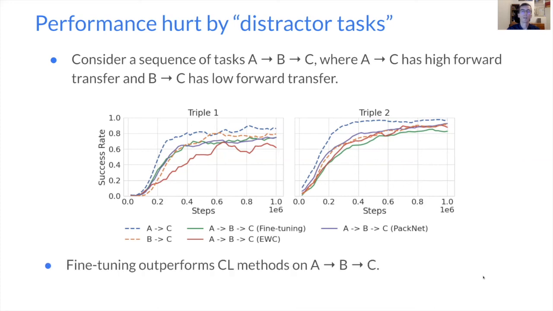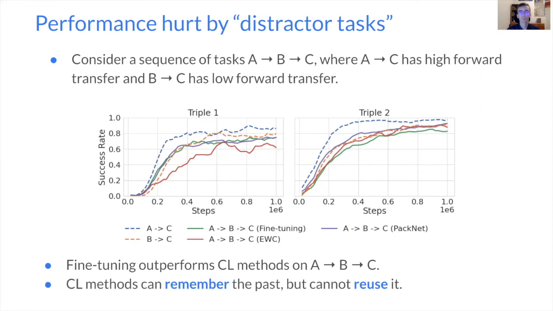However, in practice, they fail and they are outperformed even by simple fine-tuning, which forgets about task A. We conclude that continual learning methods can often remember the past, but cannot efficiently reuse it.